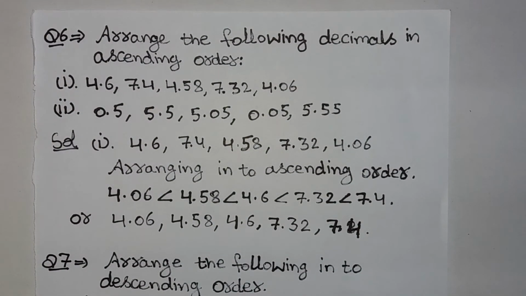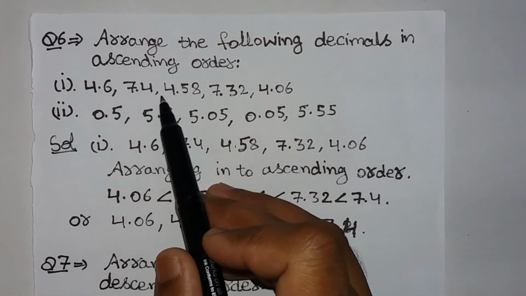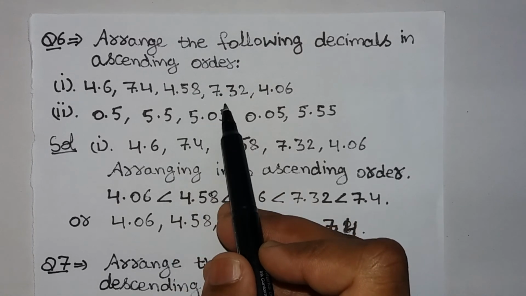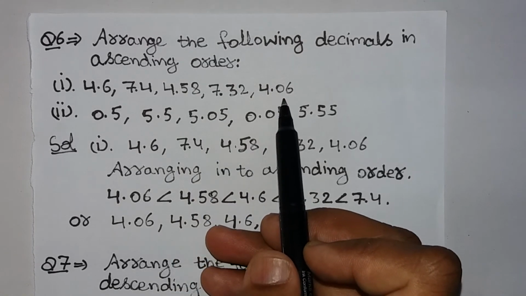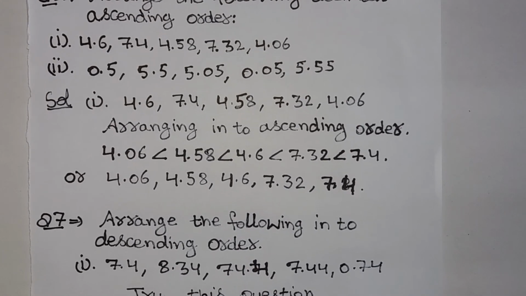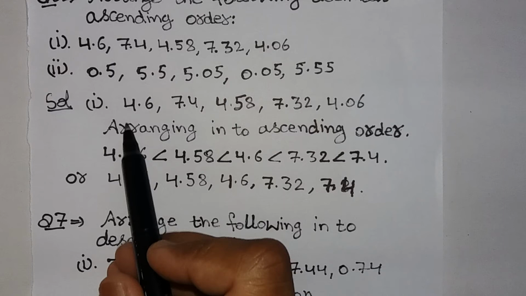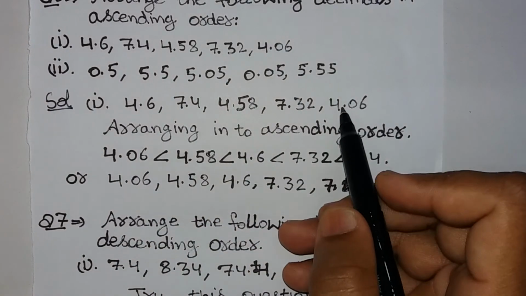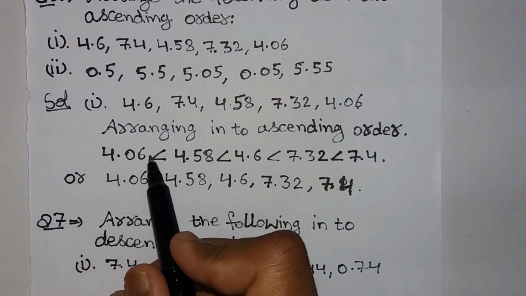In question number 6, arrange the following decimals in ascending order. Here ascending order means lesser to greater. First we have to write the smaller number, then the greater number, then again a greater number. So in the first part we have 4.6, 7.4, 4.58, 7.32 and 4.06. For arranging them into ascending order, first of all the smallest number is 4.06.